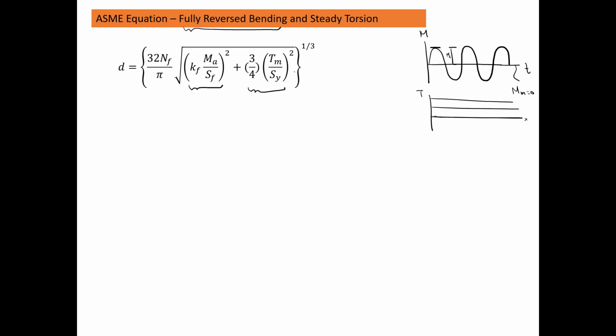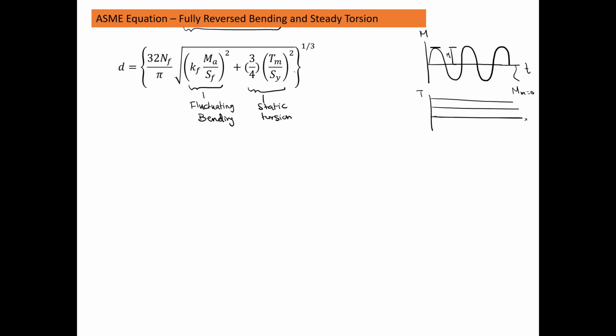And if you look into the stress over the strength, and then you have the factor of safety here, this portion gives you the fluctuating part of the bending. And this portion of the equation gives you the static torsion part.